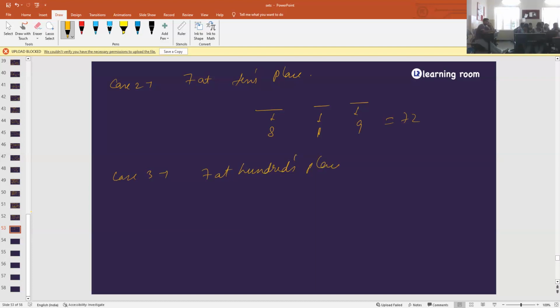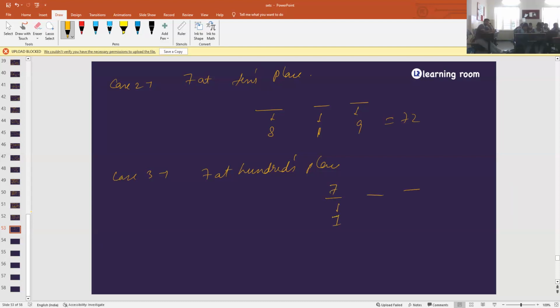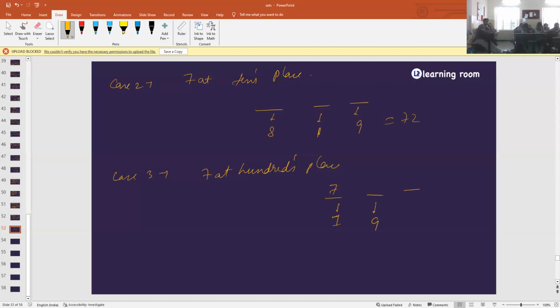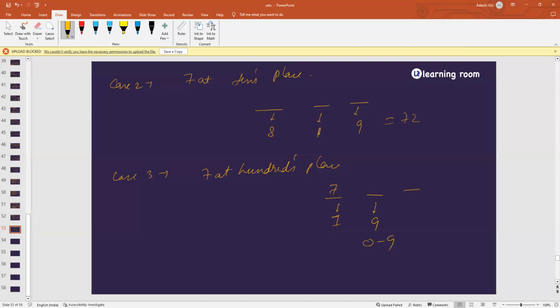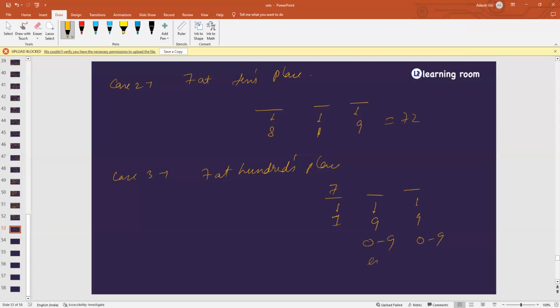So what do I have to do at hundreds place? I have 3 places, and I can place 7 in one of them, only one 7. Now for the rest, I can place 9 numbers here, 0 to 9 except 7.